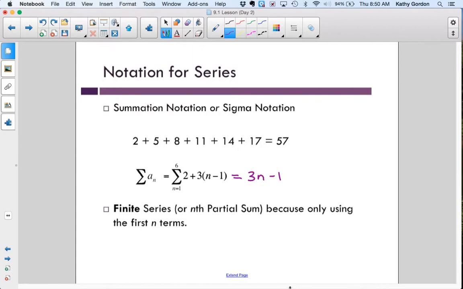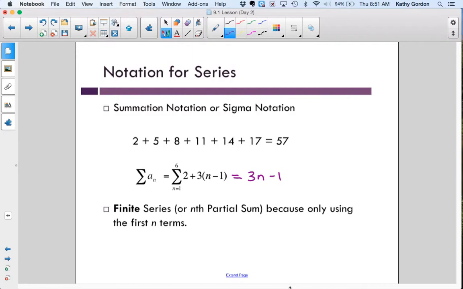And then because it's finite, we have to indicate with the sigma sign which terms we want to add up. So on the bottom, underneath your sigma sign, you always say what term you want to start with. Usually that's going to be a 0 or a 1.